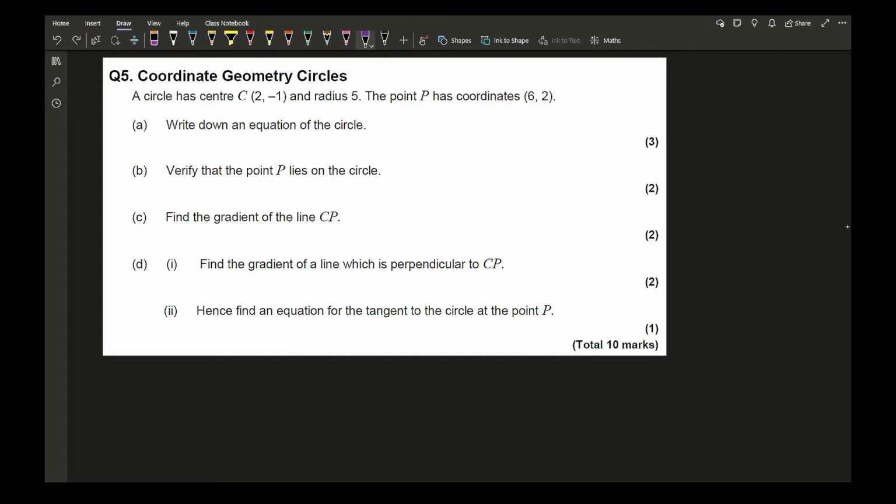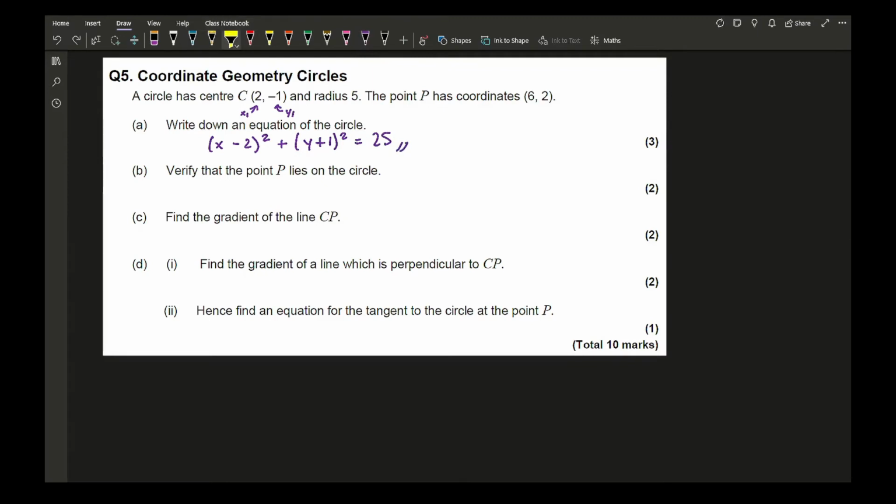So here, this is going to be my x1, this is going to be my y1. So what I've got is x minus 2 squared plus y plus 1 squared equals 25, there is my final answer. Now again, really generously marked.